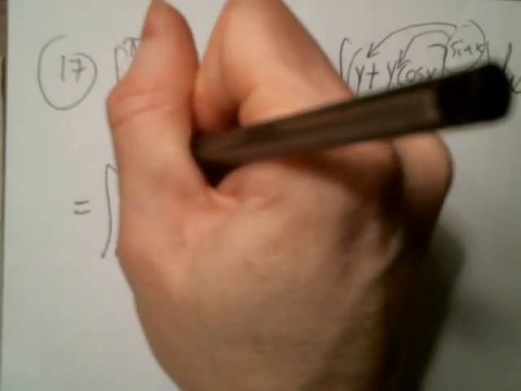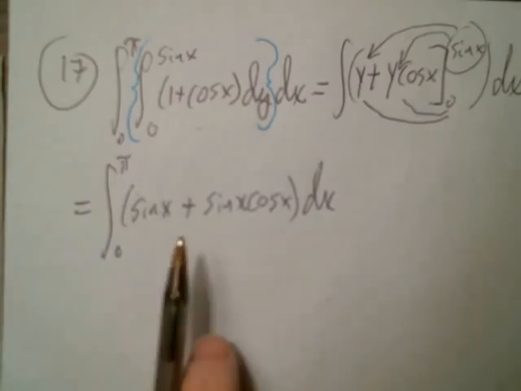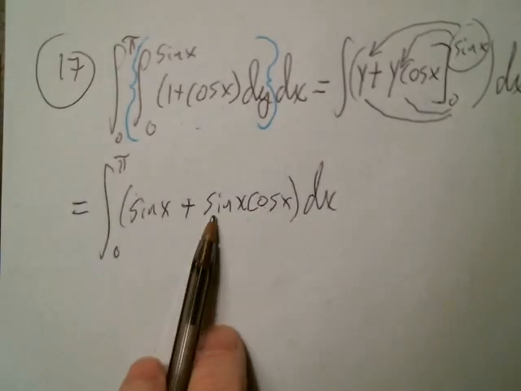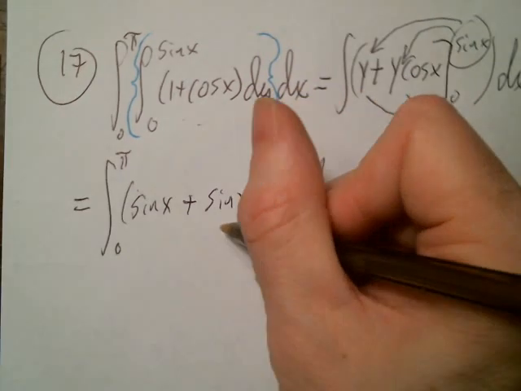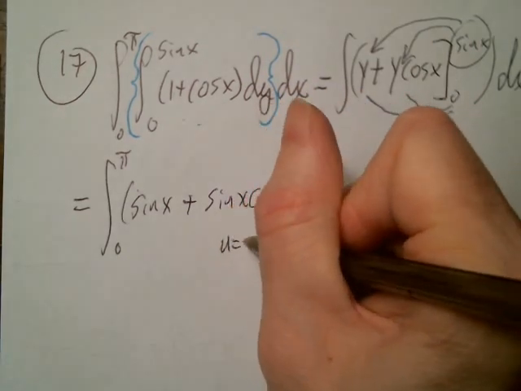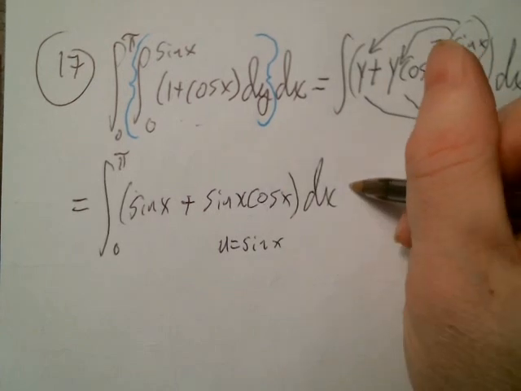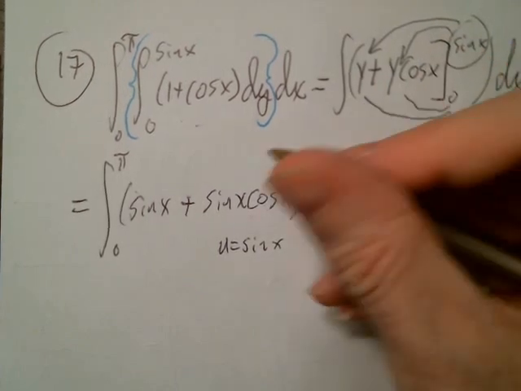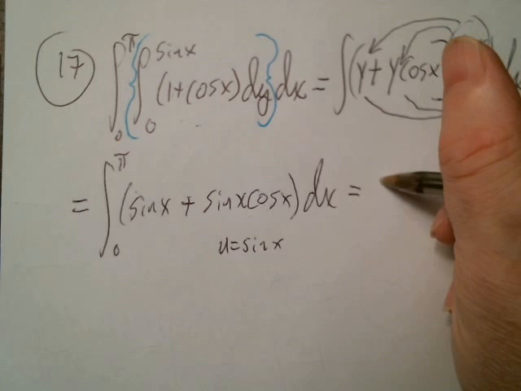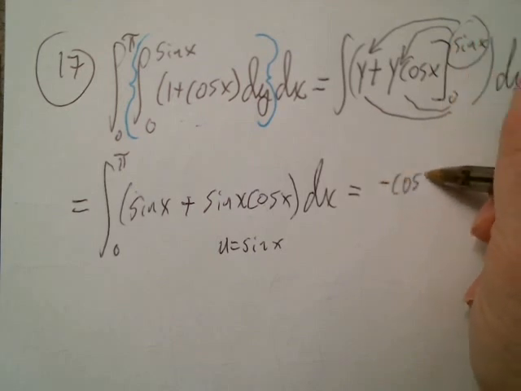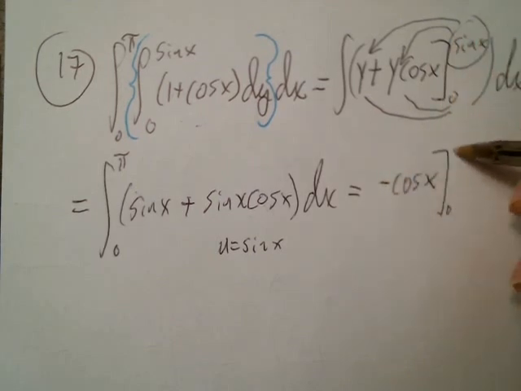dx, and I'll have to integrate this from 0 to pi. There are trig identities for this, but I'll probably just do a u sub. So let u equal sine x. I can integrate the first term, right? The integral of the sum is the sum of the integrals. So the first term is negative cosine x from 0 to pi.